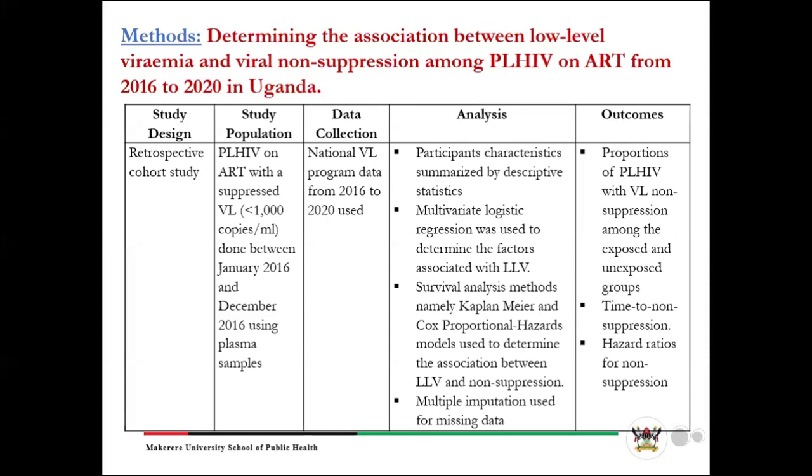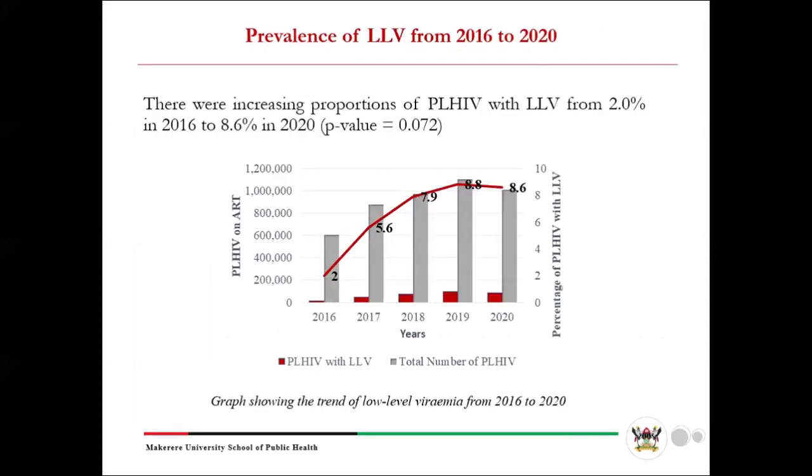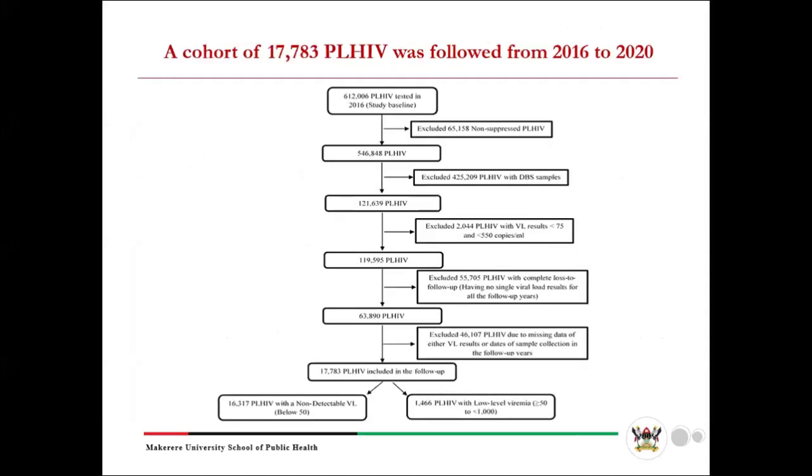And of course, we looked at this from 2016 up to 2020. And we also got the time to non-suppression and hazard ratios as the other outcomes. And our results indicated increasing proportions of low-level viremia from 2% in 2016 to 8.6% in 2020.